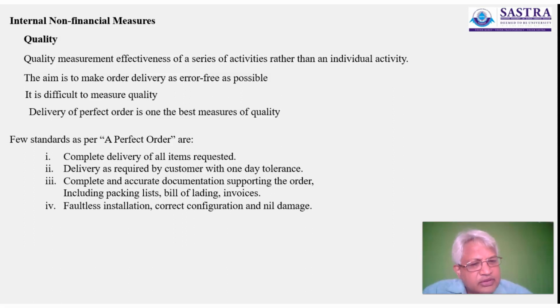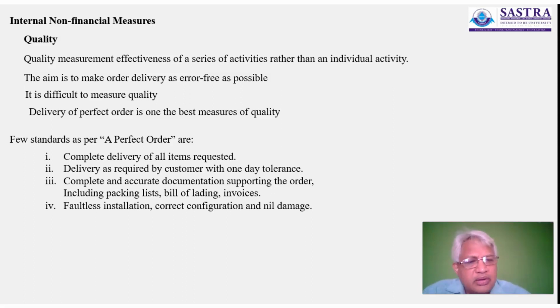So that's why we have to look at it as an entire process. So the whole aim of quality is to make order delivery as error-free as possible. This is what we look at from a logistics point of view.